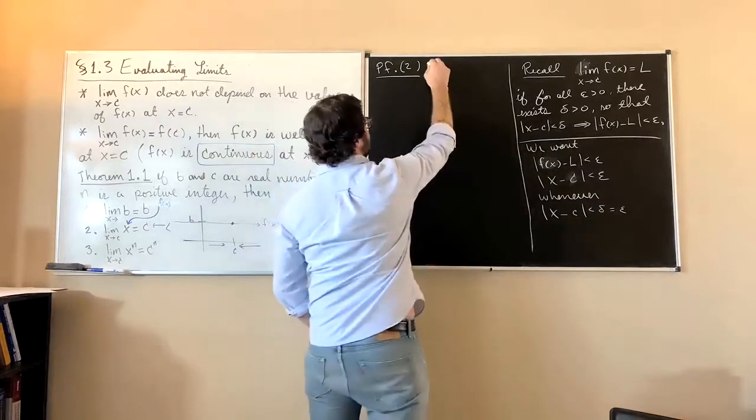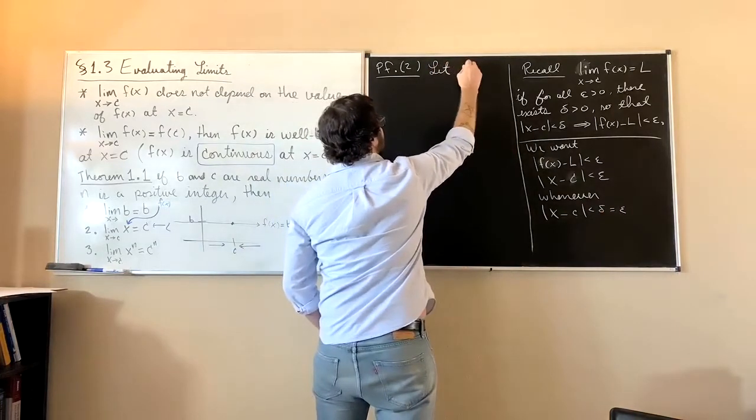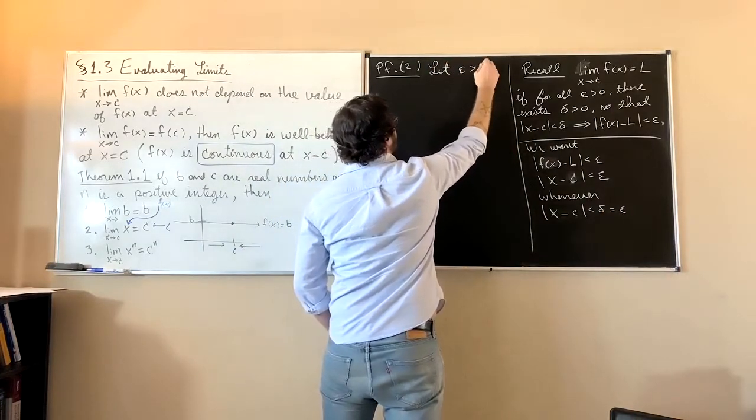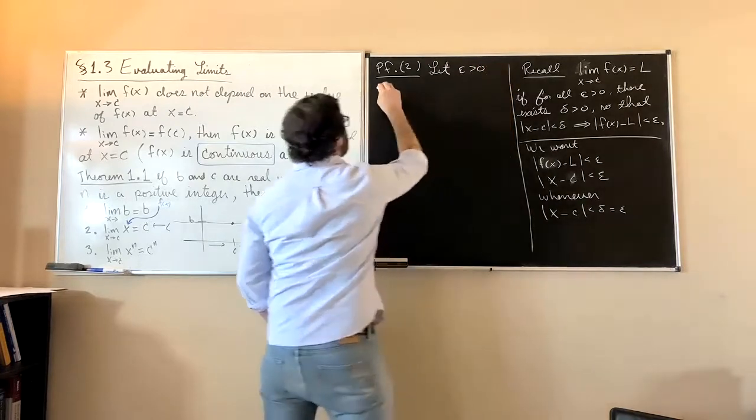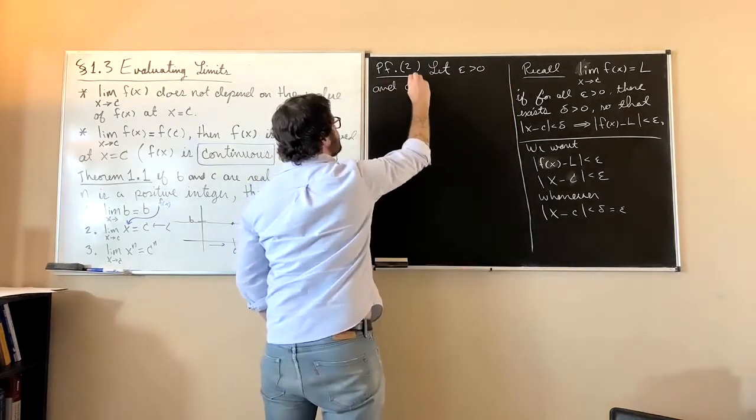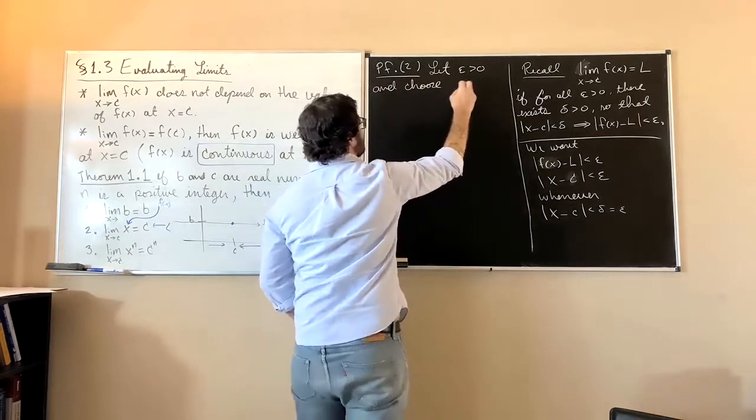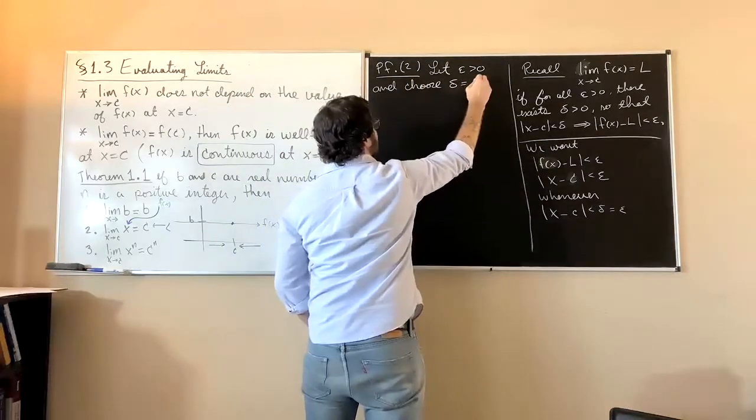So it seems kind of convoluted if you're not used to the definition, but let's just argue why it's true. We can just say let epsilon be greater than 0 and choose delta equal to epsilon.